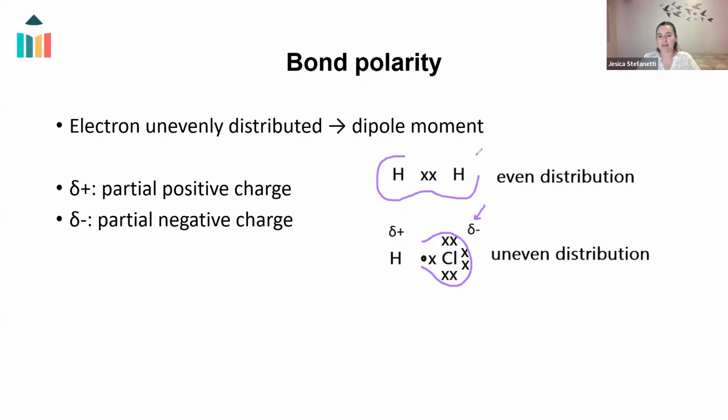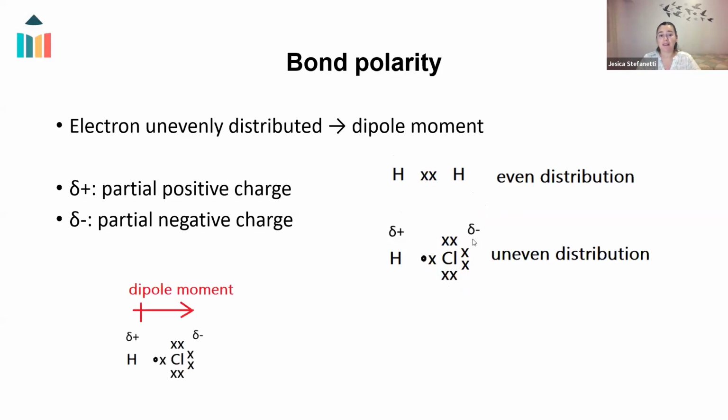If the electronegativity is exactly the same, electrons will be equally shared. But if the electronegativity is not the same, electrons will not be evenly distributed. The uneven distribution of electrons causes what we call a dipole moment, meaning that there will be electrons closer to one side of the molecule, and so a polarity will appear. The concept of polarity is that one side has a greater electron density.